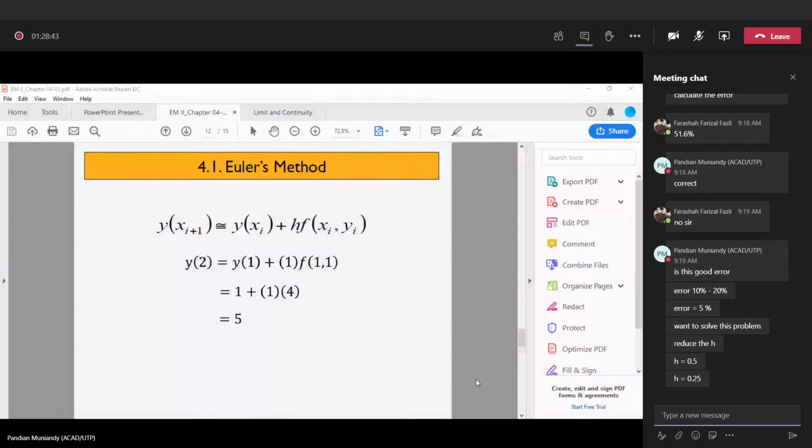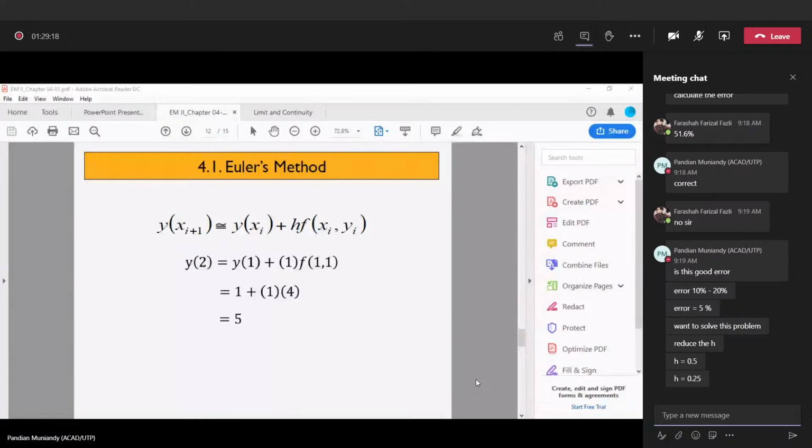If h 0.25 also does not give you the percentage error you want, the error is up to you. Or in the problem, they will give you what percentage error you are asked to reach as the target, less than what percentage. So if h 0.25 also does not work, then you go for h 0.1.